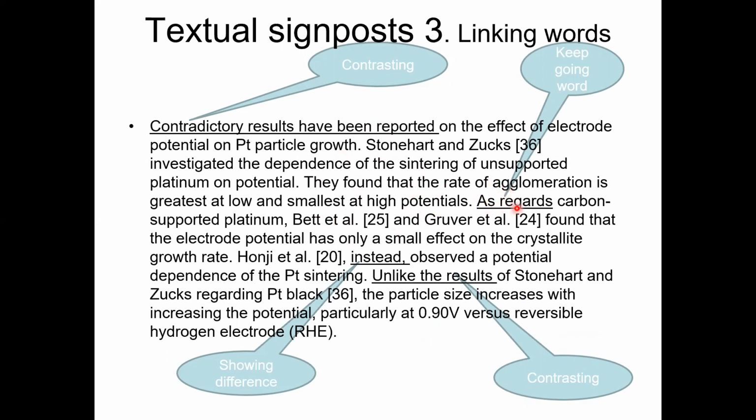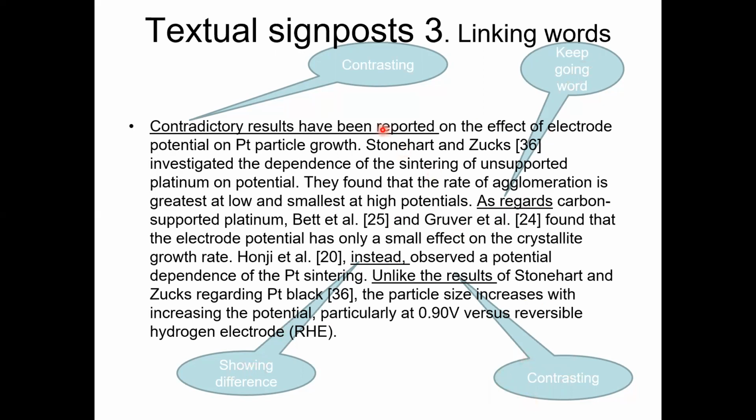Then he uses as regards carbon-supported platinum, Bett and Groover, that's a keep-going word, have found only a small effect on the crystallite growth rate. Honji, instead, showing a difference, observed potential dependence on the PT sintering, unlike the results of Stoneheart, contrasting again.